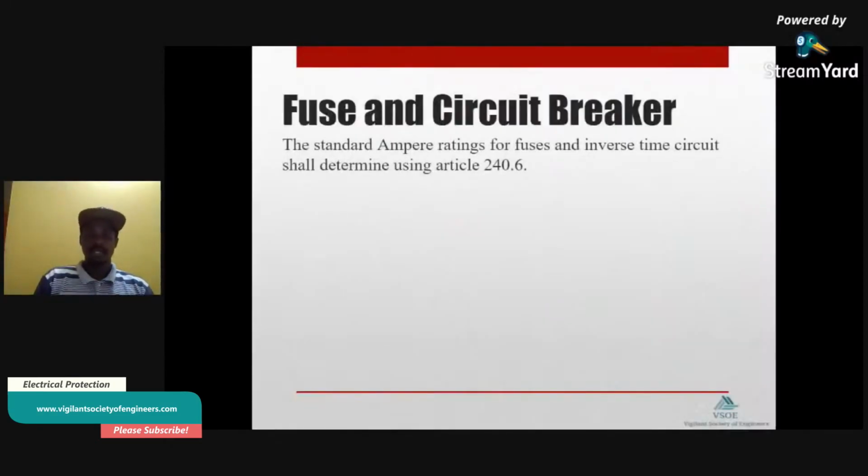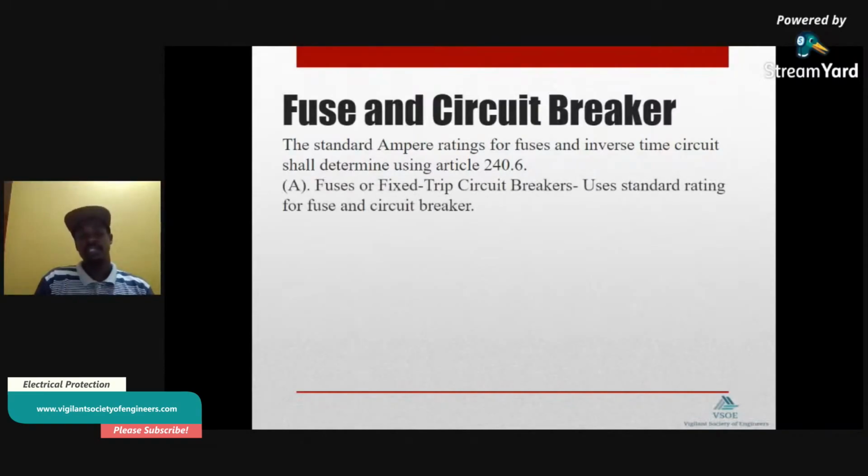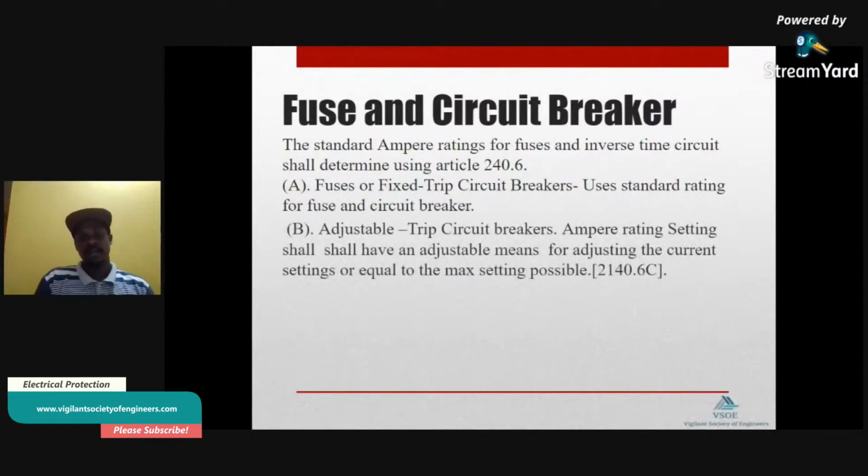Right? So fuse and circuit breaker, the standard rating for fuse and inverse time circuit breaker shall be determined using Article 240.6. Fuse and trip circuit breaker uses standard rating for fuse and circuit breaker. Right? So the fuse and the circuit breaker standard rating can be found in 240.6, right?